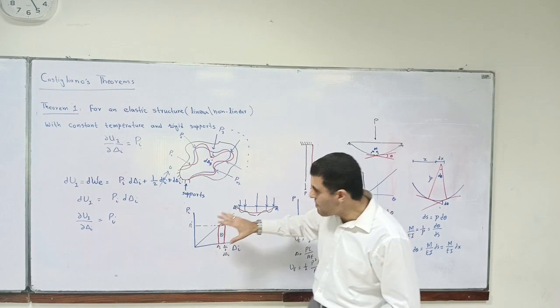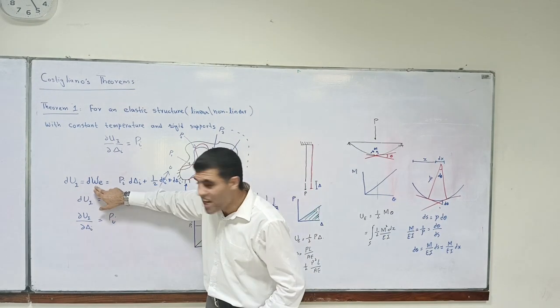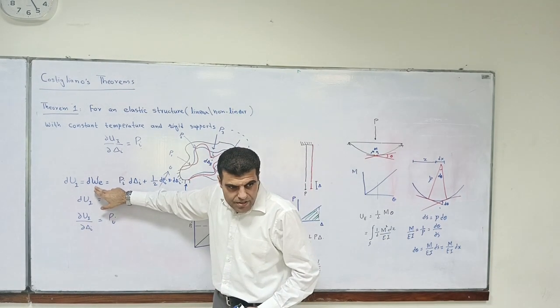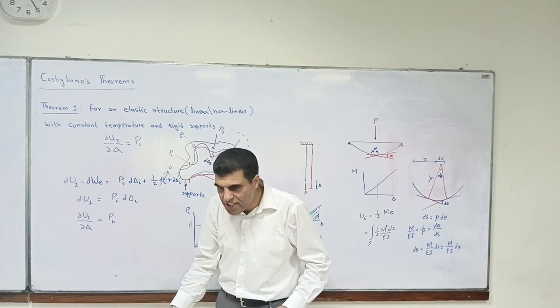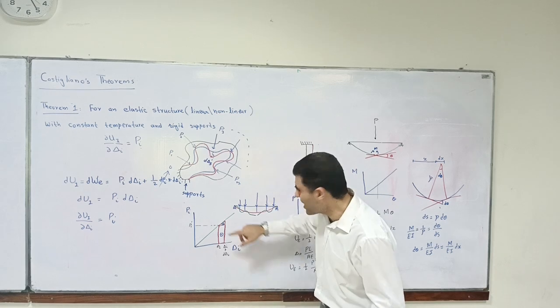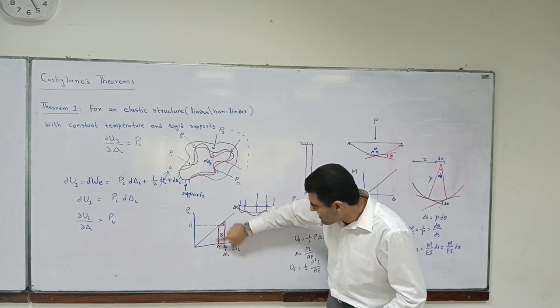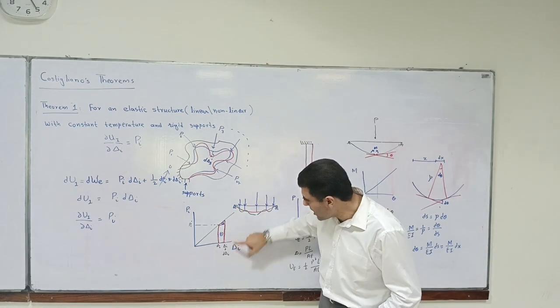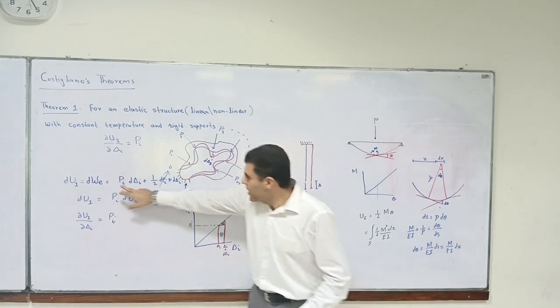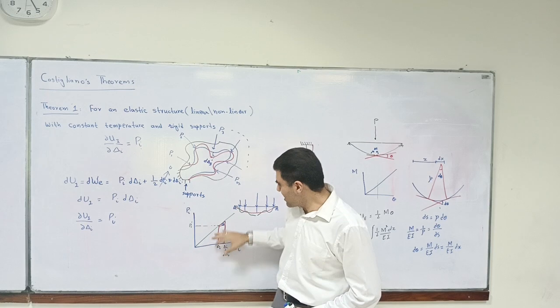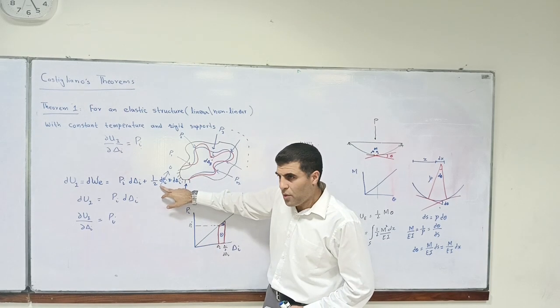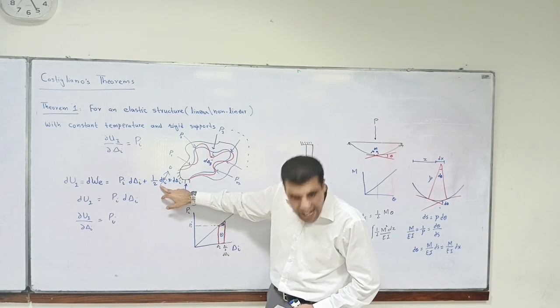So that incremental increase in the work done would be equal to the incremental increase in strain energy, and that is equal to, in turn, the area of this trapezoid, which is d delta I Pi and half dPi d delta I. So we are ignoring the higher order terms.